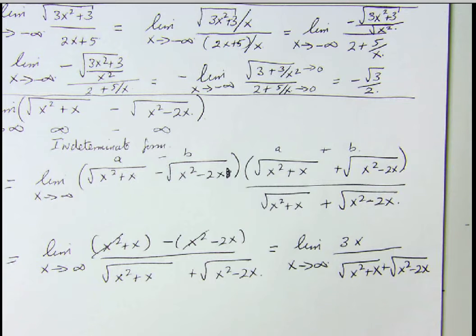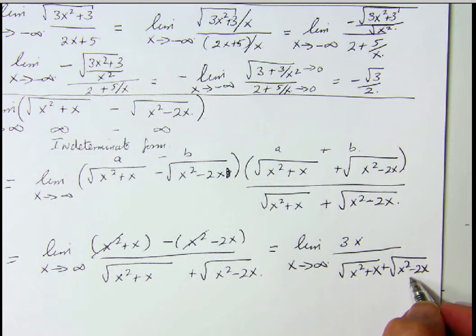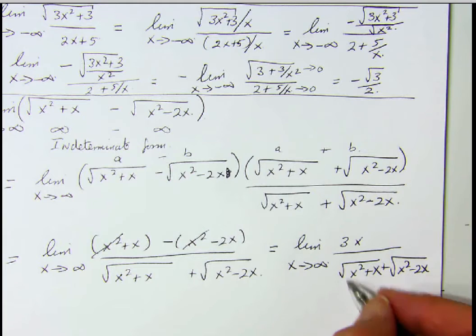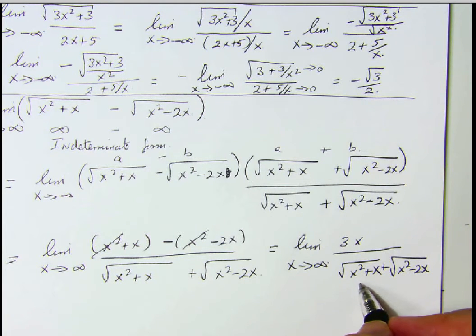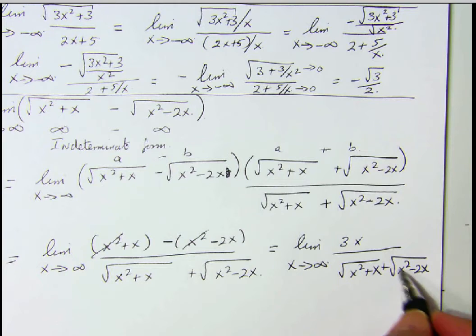And we can use our previous trick. We can divide by what's roughly the highest power of x in the denominator, which is the square root of x squared. We can divide both numerator and denominator by x, and then the leading terms in the denominator should not have an x in them.